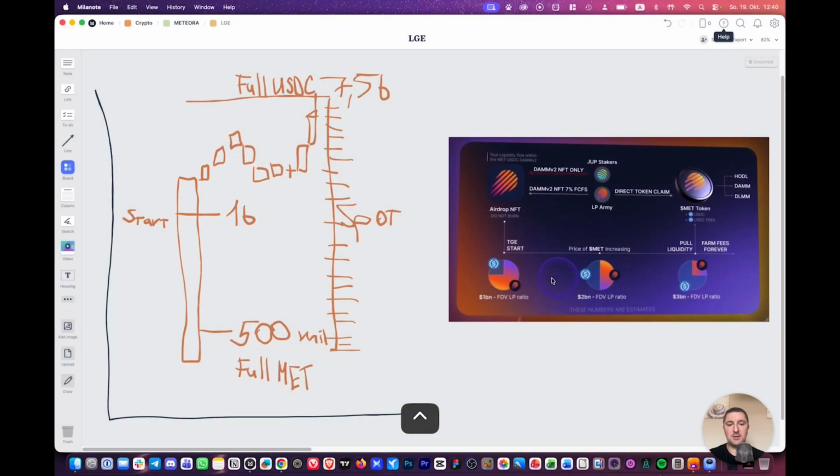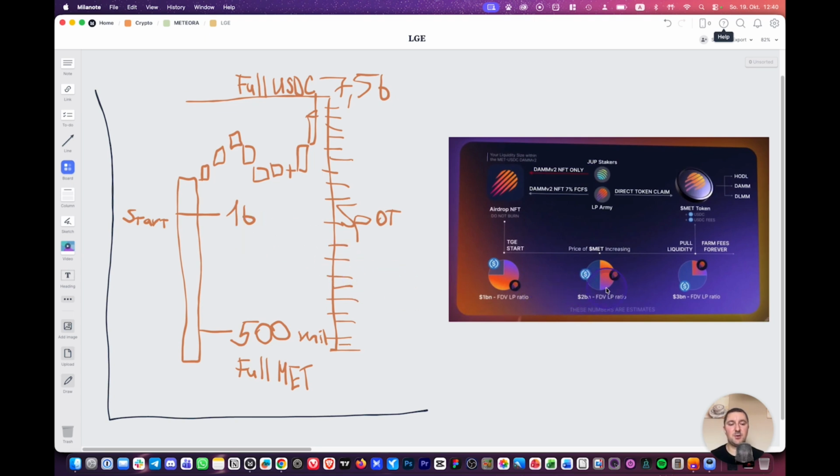At the start we will have about 25% swapped into USDC, and the rest will be in the MET token. When the price goes up, the MET token becomes USDC the higher it goes, and when it goes down, the USDC will buy more MET tokens. At the 500 million range, we will be 100% MET again, even though the token will be worth less.